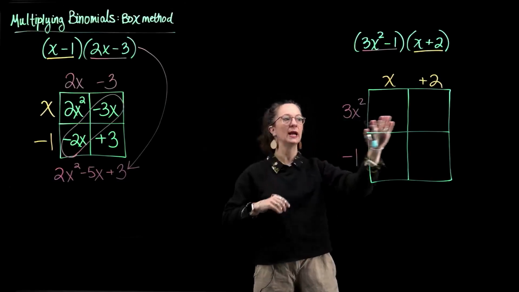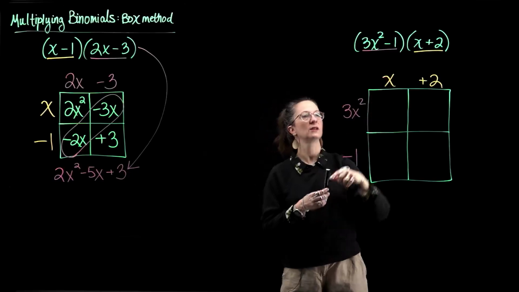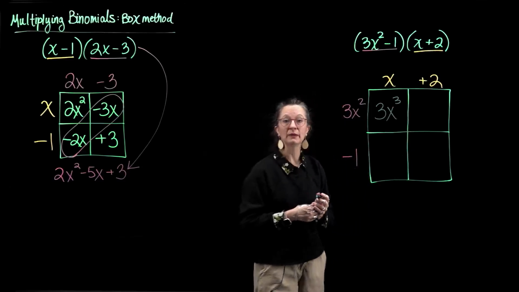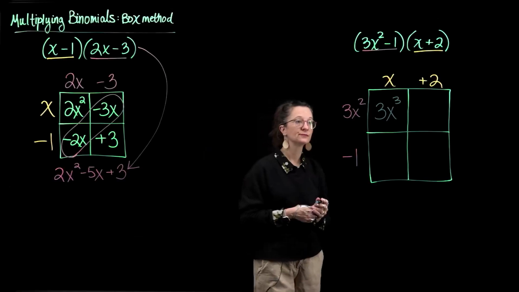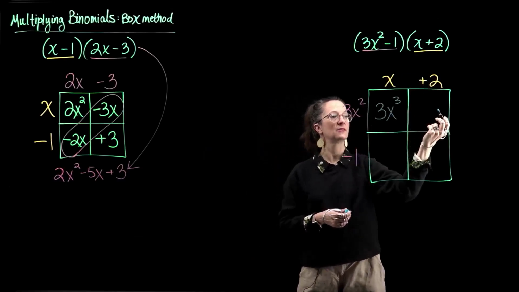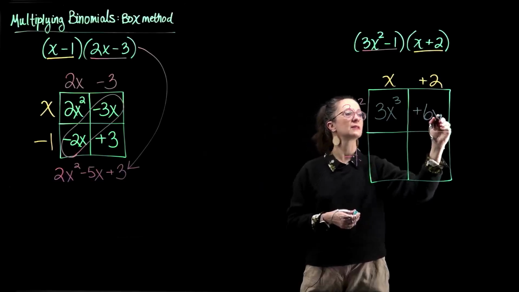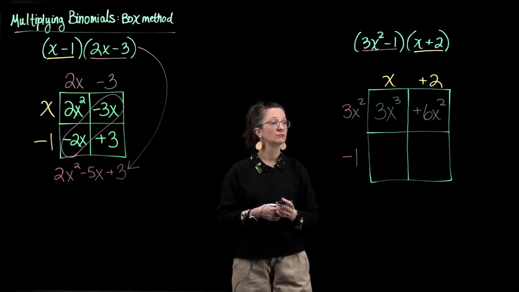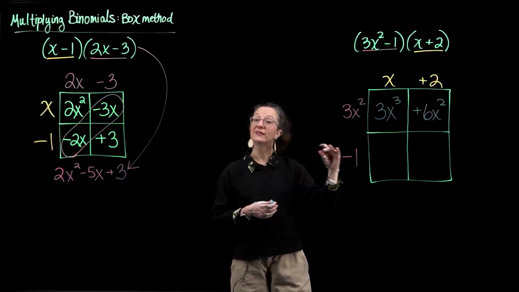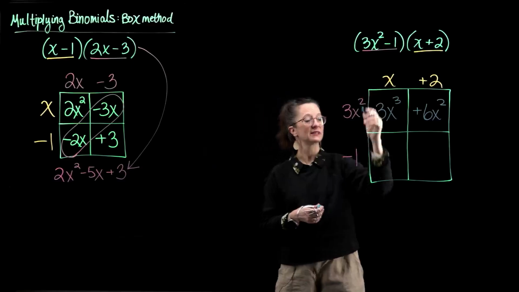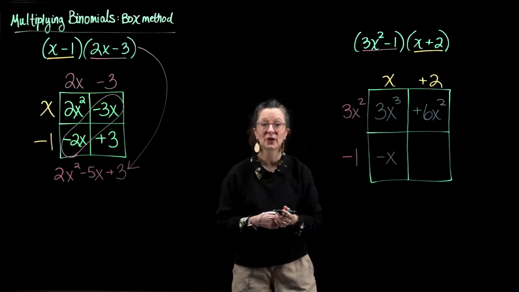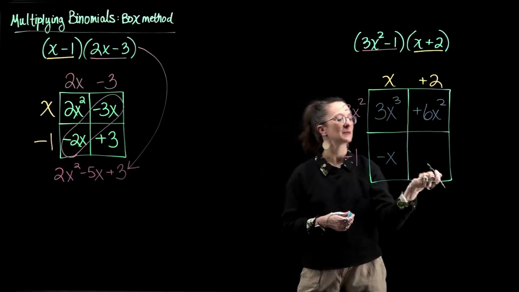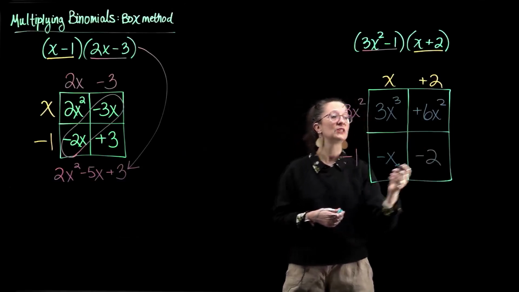So I'll start with the 3x squared row. 3x squared times x gives me 3x cubed, which I'll write in the top left-hand square. 3x squared times positive 2 gives me plus 6x squared, which I will write in the top right-hand square. All right, going to that bottom row, I have minus 1 times x is negative x, which I'll write in the bottom left-hand square. And then minus 1 times positive 2 gives me minus 2, which I will write in the bottom right-hand square.